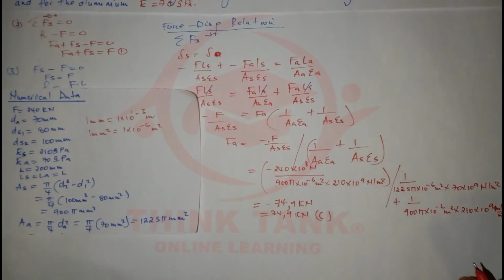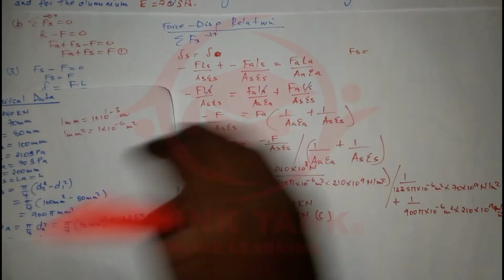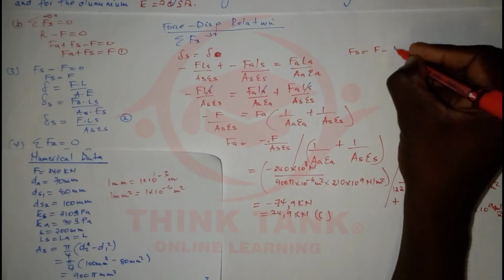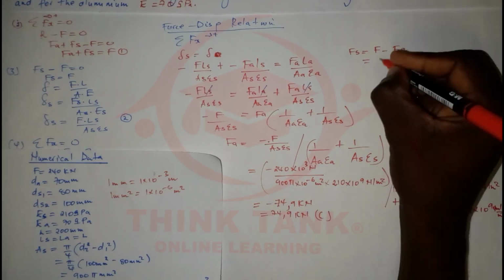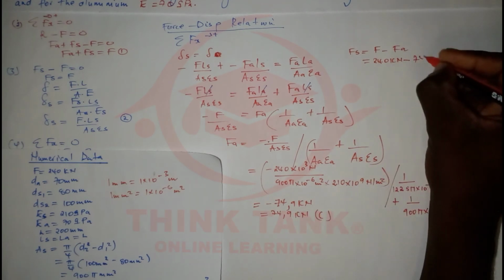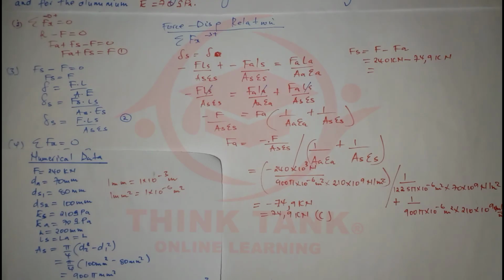We're going to move on to Fs. From equation number 1, Fs is equal to F minus Fa. F is 240 kilonewtons, and we subtract 74.9 kilonewtons.